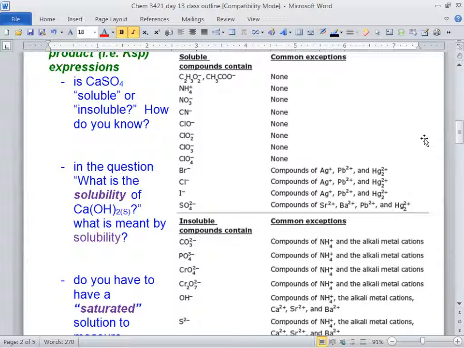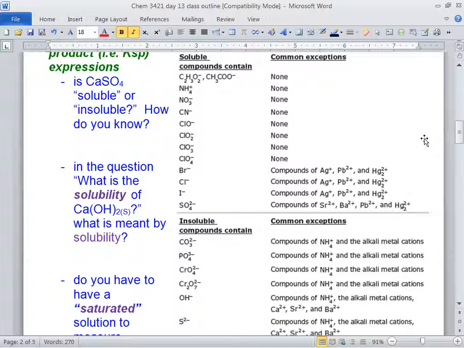How would you answer this question, right? You had these tables for these ionic compounds, and you say, oh, that's soluble, or oh, that's insoluble, right? What was the question? Is calcium sulfate soluble or insoluble? So we got to find it in there somewhere.